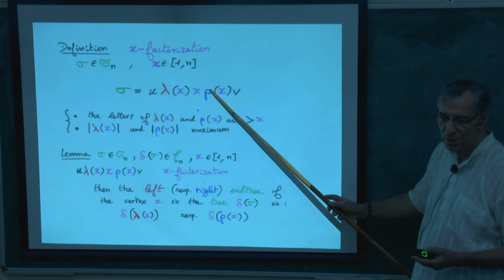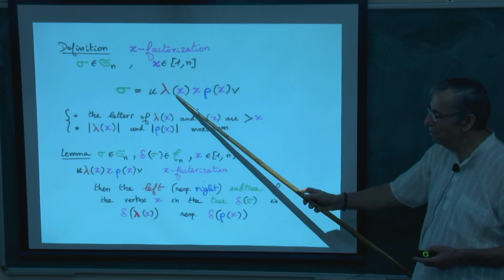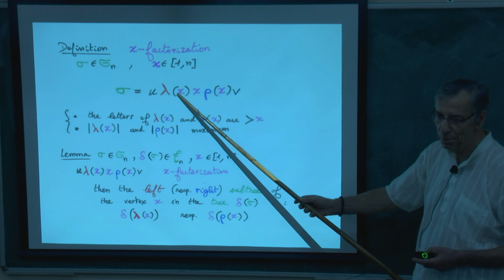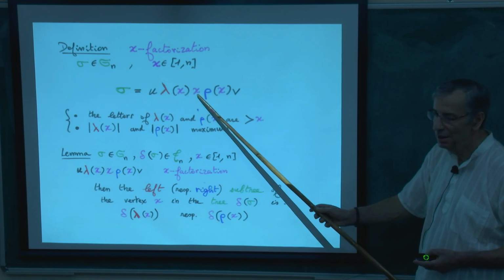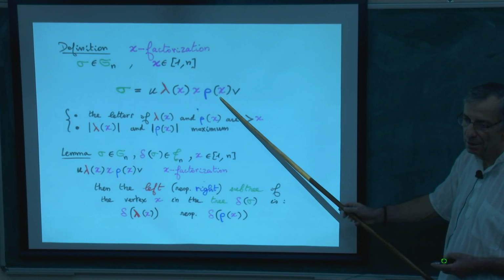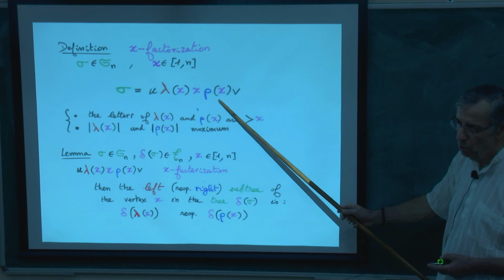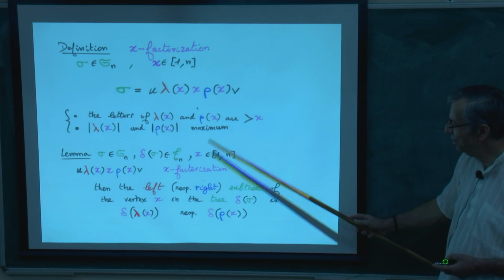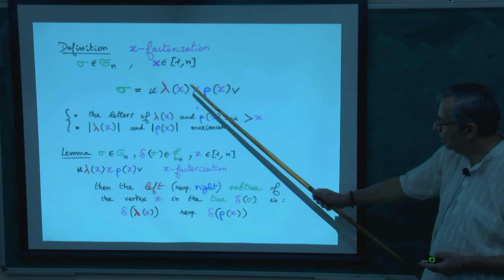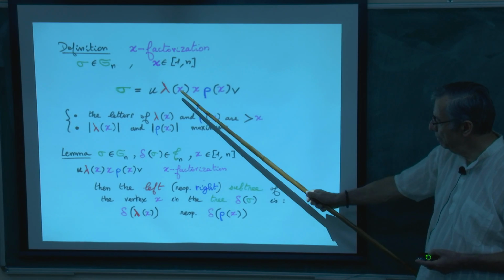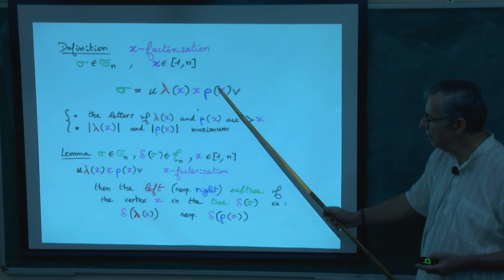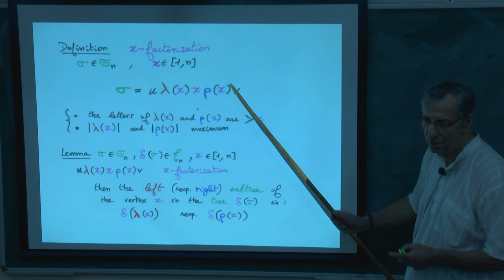And the root of these two subtrees is the minimum element: the minimum element of lambda of X will be the root of the left subtree, so it will be the left son of X, and the minimum element of rho of X will be the right son of X. I have not written this, but the minimum of this will be the left child, and the minimum of this the right child. If this is empty, then there is no right subtree.